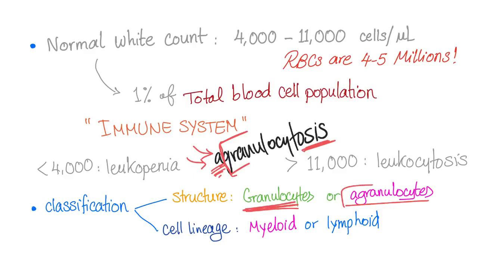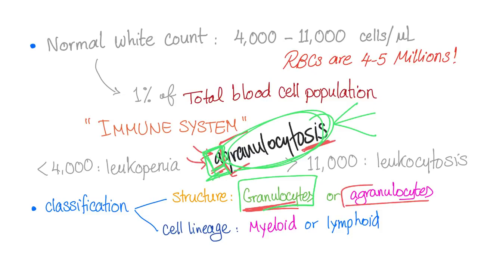Indeed, agranulocytosis means fewer granulocytes in your blood. Don't be confused. Granulocytes, neutrophils, basophils, eosinophils, are absent or decreased in your blood. Basically, agranulocytosis is just neutropenia. Okay, that's it, we're done.